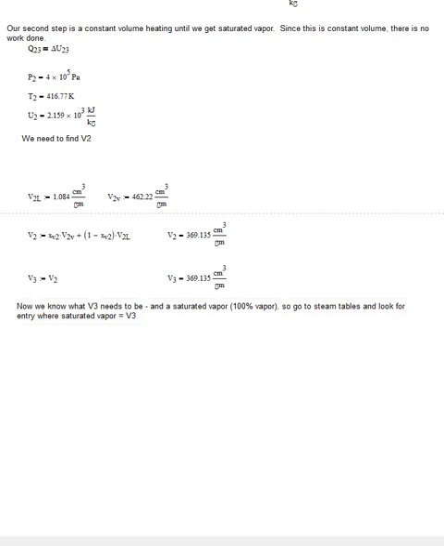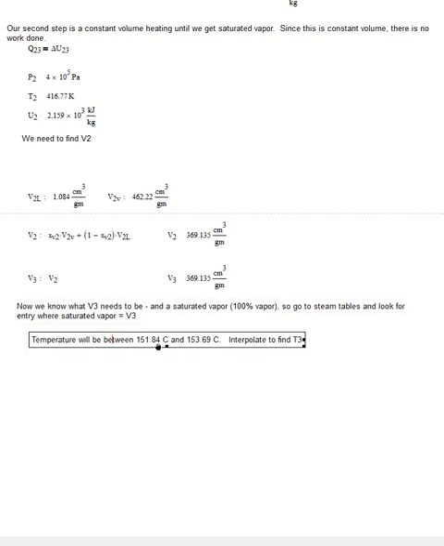And so what we need to do is find where we will find a saturated vapor volume of 369.135. You could use either the saturated steam tables or the superheated steam tables.